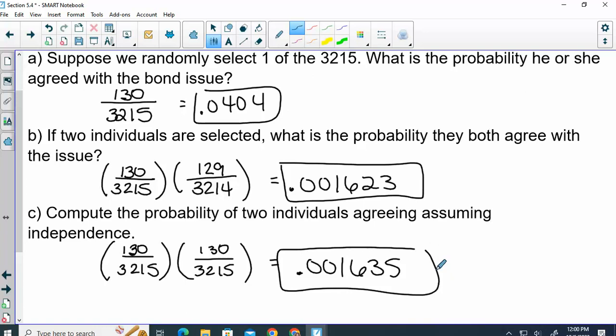In general, this isn't going to affect us for several more chapters, but we will assume that if our sample is less than 5% of the whole population, we will assume they are independent. That comes into play several chapters from now, and we'll talk about it a lot more then. But that is just something we'll mention later on.